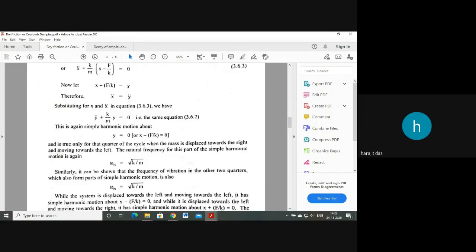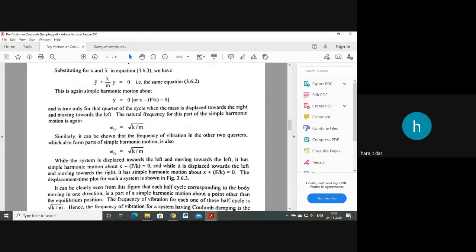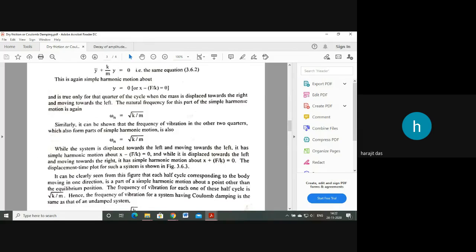In the third quarter cycle, the body will be in simple harmonic motion with respect to x minus f upon k equals 0, similar to the second quarter cycle. And in the fourth quarter cycle, the body will be under simple harmonic motion with respect to x plus f upon k equals 0.